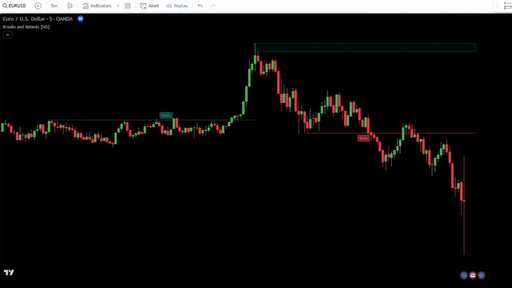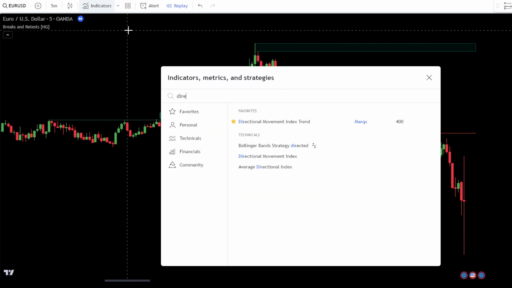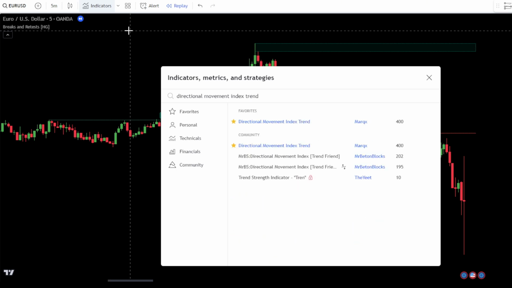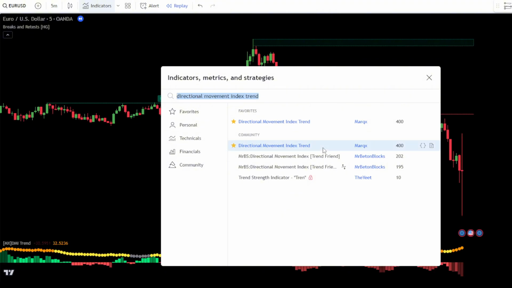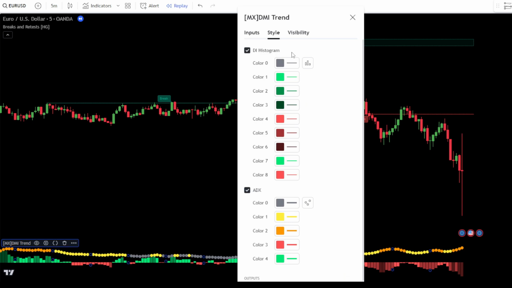As confirmation, you can add another indicator that will be used to confirm the signals in the market. Go to the Search Indicator tab and type Directional Movement Index Trend. Then, select the Directional Movement Index Trend indicator from this creator. Next, make some adjustments to the indicator.